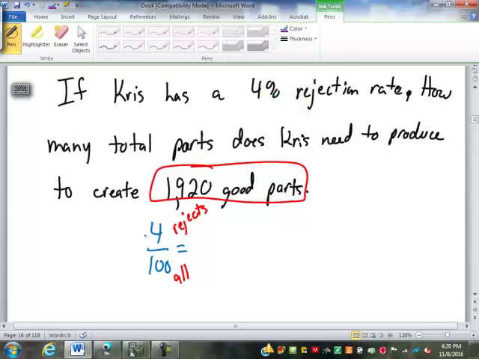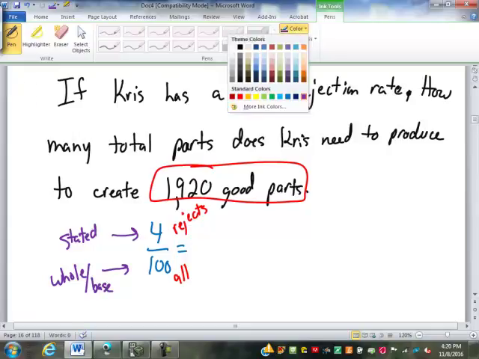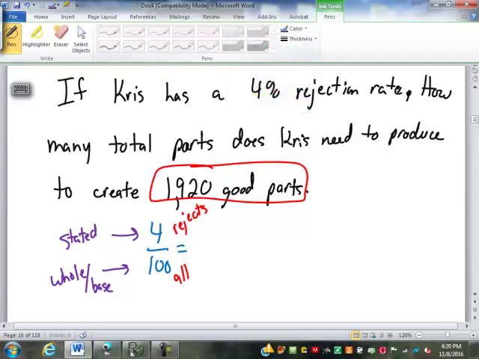When there's a percent, a portion like this, there are always 3 percents involved. There's the portion that's stated, in this case, the 4%. There is the whole thing, or the base, which is the 100. But the third percent, the one that's not stated here, is the complement.